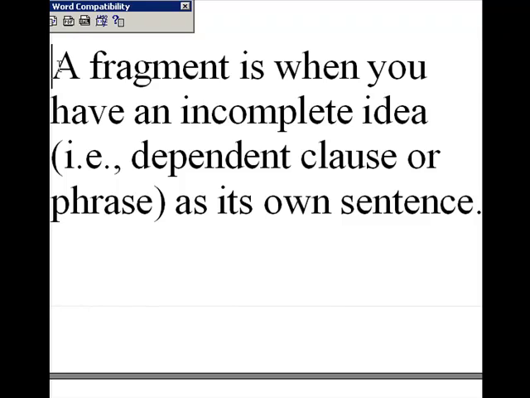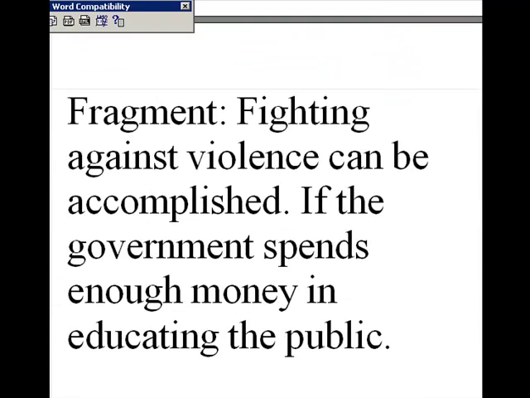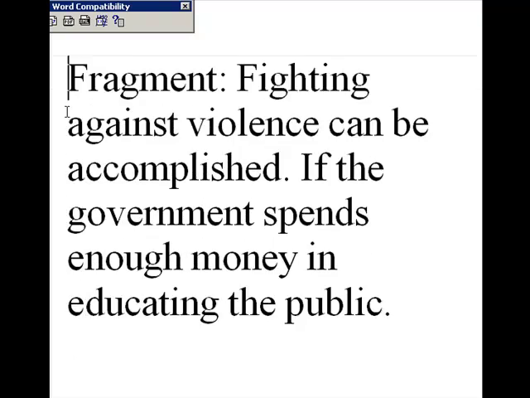Fragment. You have an incomplete idea, typically a dependent clause, as its own sentence. This is not good either. Let's take a look at an example here. Okay, how about this? Here's a fragment. Fighting against violence can be accomplished. If the government spends enough money in educating the public. Okay, we've got a big problem here.